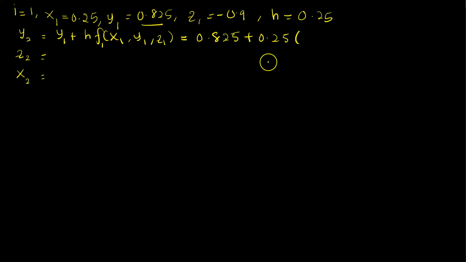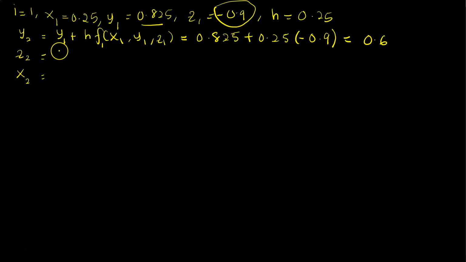The first function f1 is given by z, so we substitute z1, which is negative 0.9. When you solve this, you will get the answer equal to 0.6.